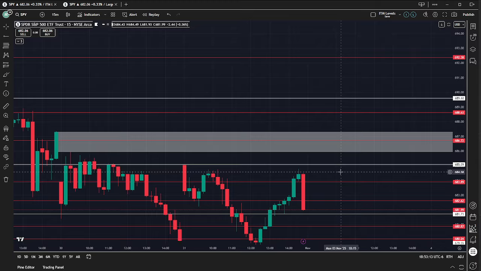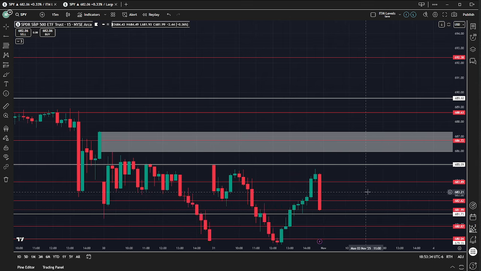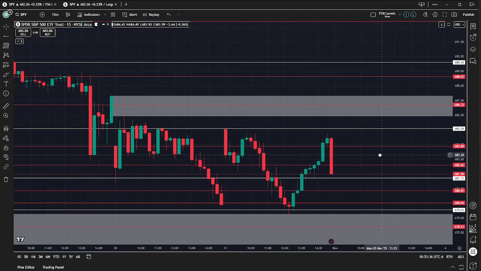If we're getting chopped and I'm playing 681s and it's taking forever to go down to 681, my strikes are not gonna pay as much as contracts like 683 and stuff like that. So it just depends on the time of day and how the price action is looking at that exact moment.